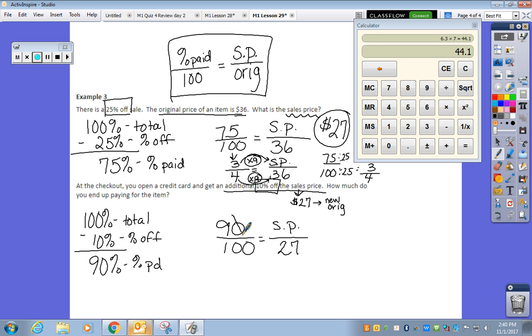I see a 0 for a 0. I'm going to do 27 divided by 10, which again, if you're not sure how to do mentally, you can use your calculator. To get from 10 to 27, I'm multiplying by 2.7. So to get from 9 to my sales price, I'm multiplying by 2.7.